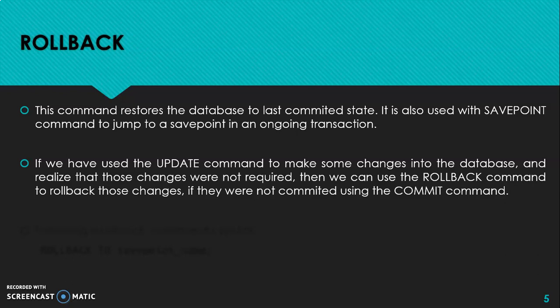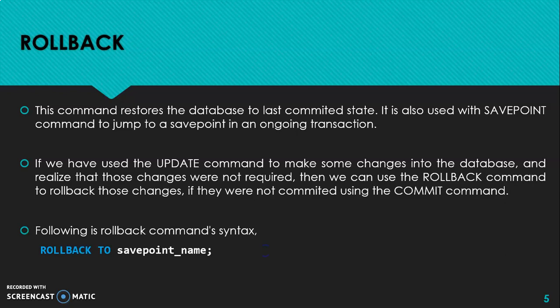This is most important, because if you have committed certain statements, then you cannot roll back that particular statement, because once you commit, these changes become permanent. So you can only roll back to the state where it was last committed. This is the syntax: rollback to the save point name. So you can roll back to that particular save point name.